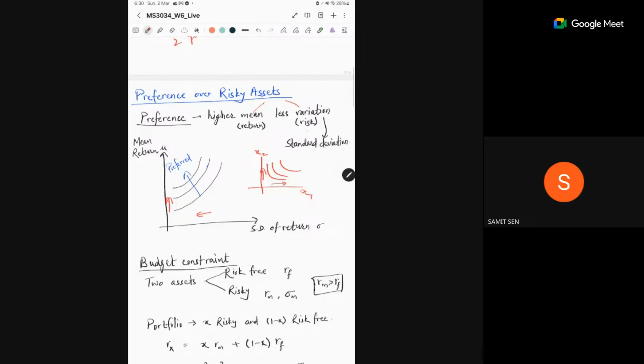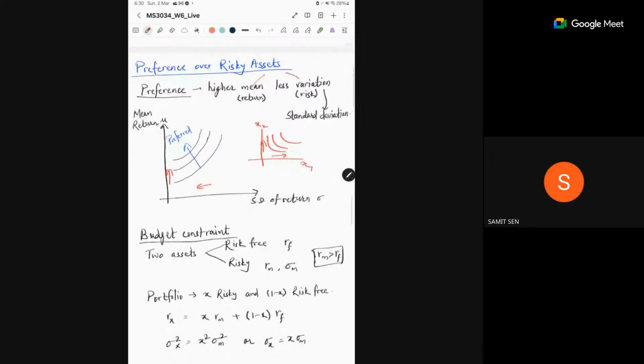And this variation is represented by standard deviation. I think you all remember the statistical jargons of mean, standard deviation, variance, covariance, and correlations. If you do not, I think in the slides it has been discussed extensively, the formulas for these statistics.